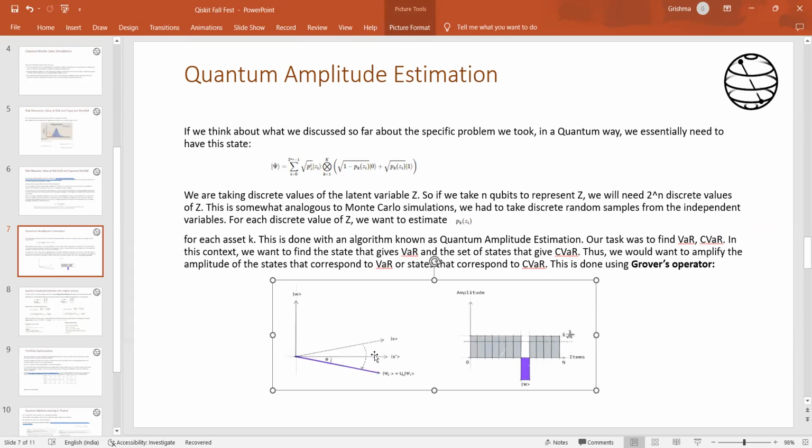This is a very high level picture of it. If you are not aware of Grover's algorithm and would want to learn more, I would highly recommend going through the Qiskit textbook where it's explained beautifully. In fact, this picture is also taken from the Qiskit textbook because I felt that it's quite explanatory.